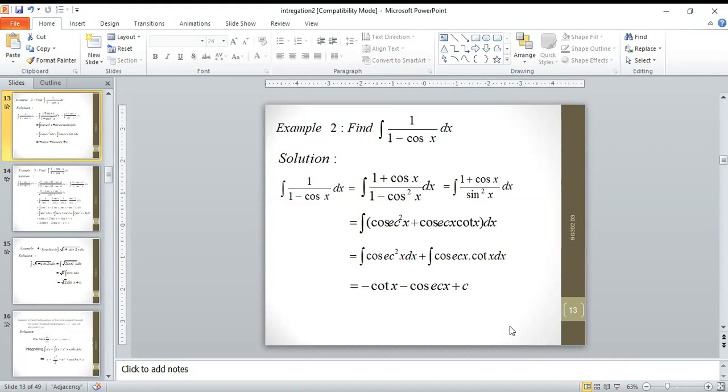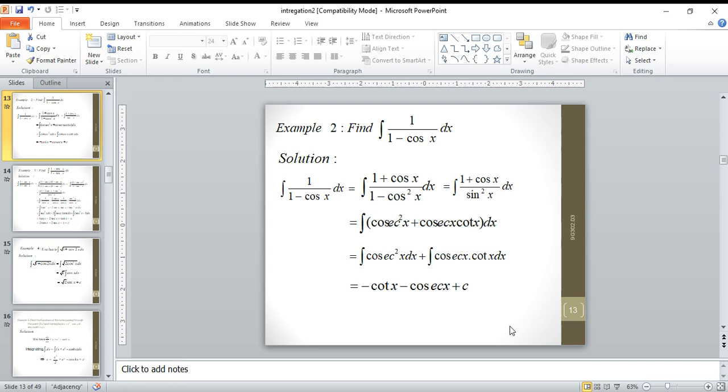Next problem: find integration of 1 by 1 minus cos x dx. This has some difficulty, so apply trigonometric formulas. 1 by 1 minus cos x is not directly usable, so simply rationalize it.